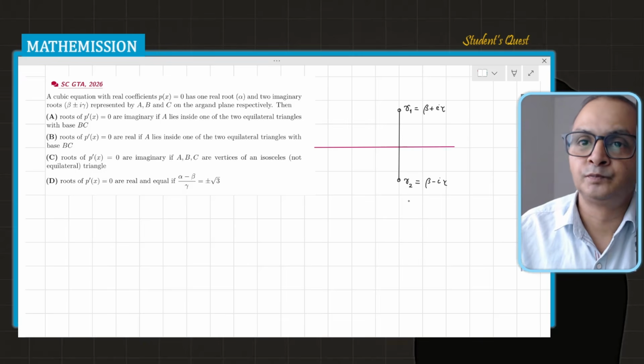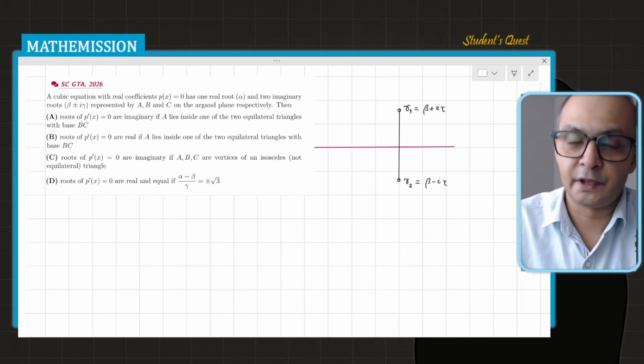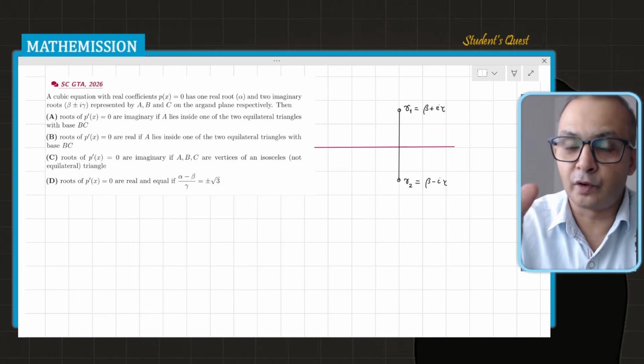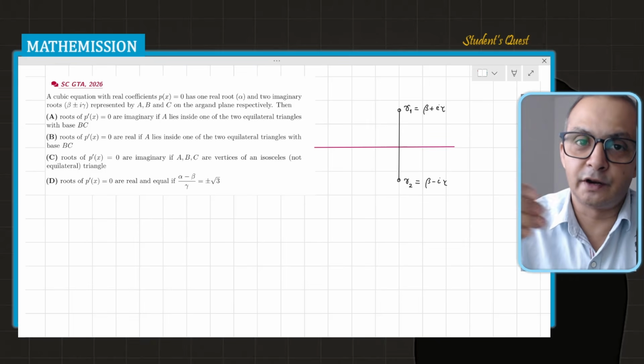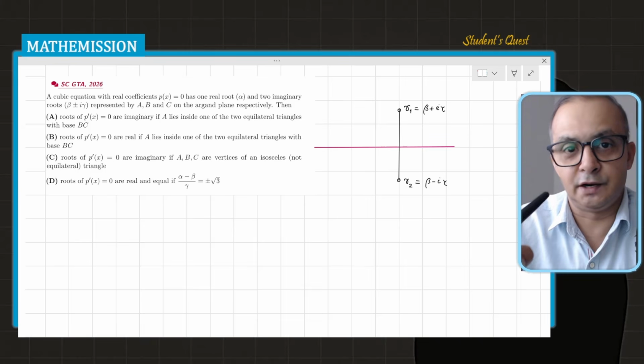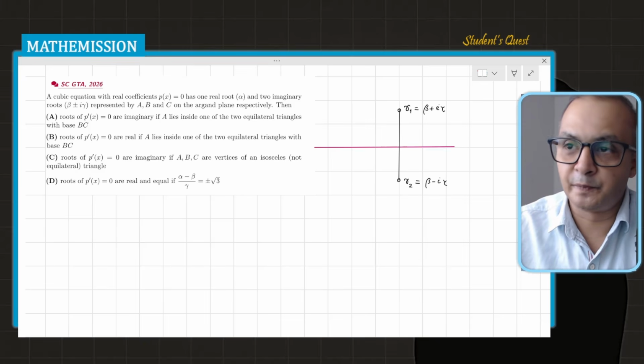iota gamma. Now this alpha is the root; please remember beta and gamma are not the roots, they are real numbers, and they combine to give the roots r1 and r2. So basically the cubic has 3 roots, and those roots are alpha, r1 and r2, where r1 is beta plus iota gamma and r2 is the conjugate of it.